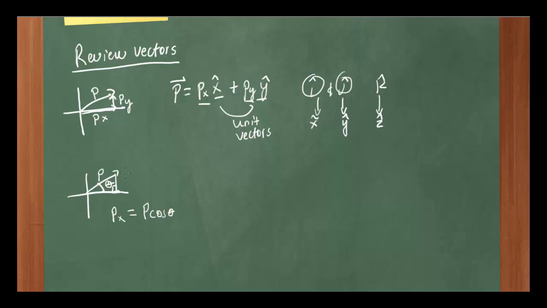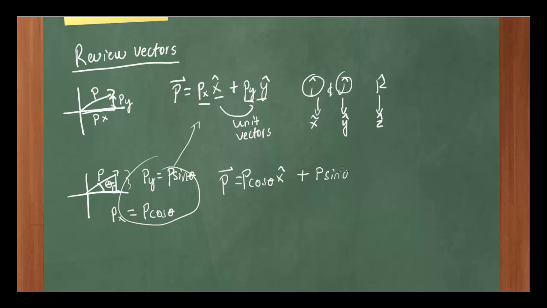And this y component right here, p sub y, is equal to p sine theta. So with this, I can rewrite this vector as p cosine theta in the x hat direction plus p sine theta in the y hat direction.